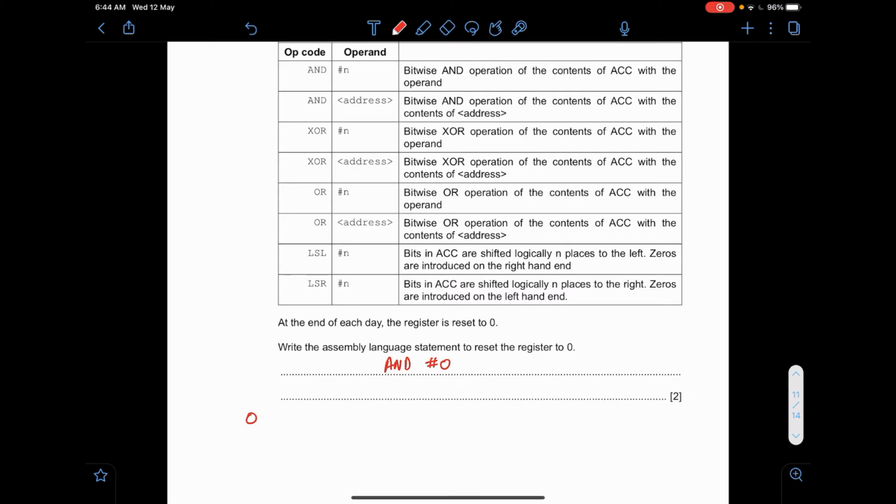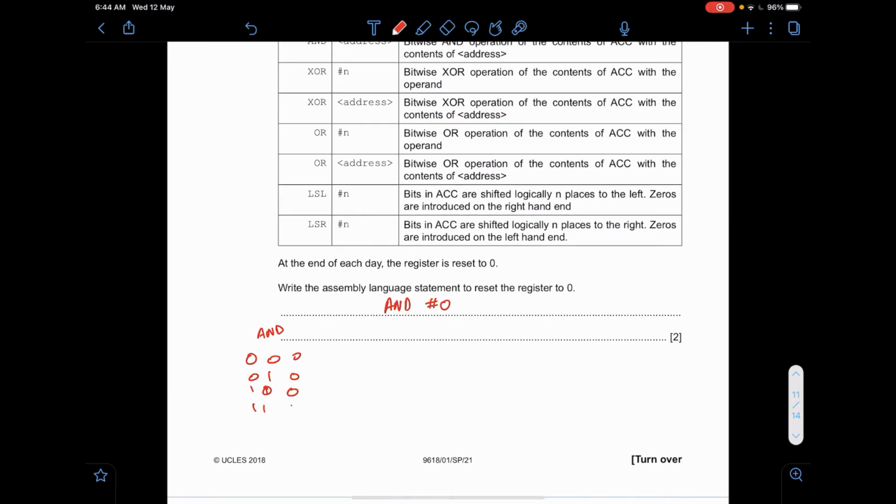First you need to understand the bitwise manipulation for AND. 0 AND 0 is 0, 0 AND 1 is 0, and it's only 1 when both the inputs are 1. So let us assume you have this 8-bit register. We're going to do a bitwise AND with a 0 on this.